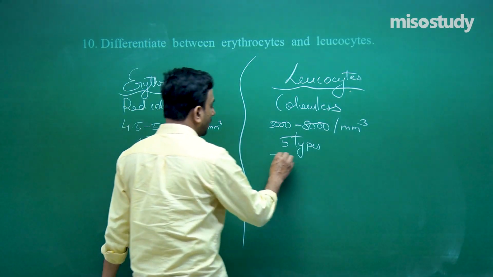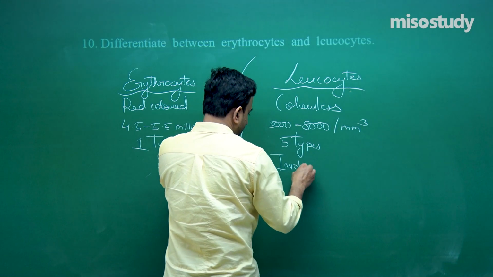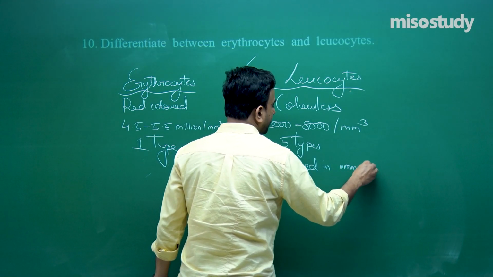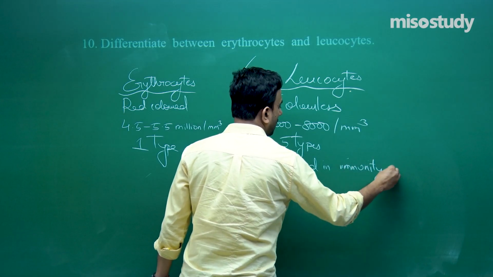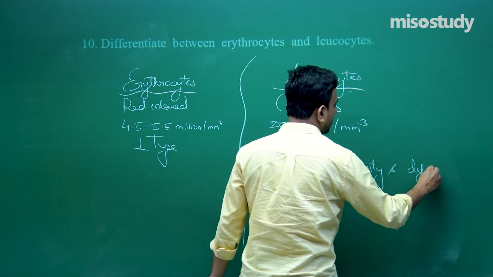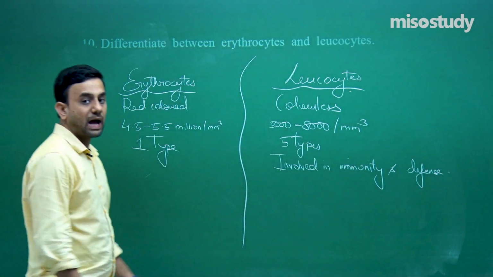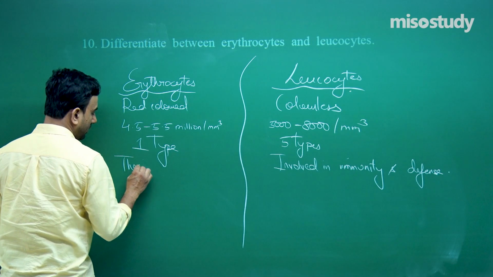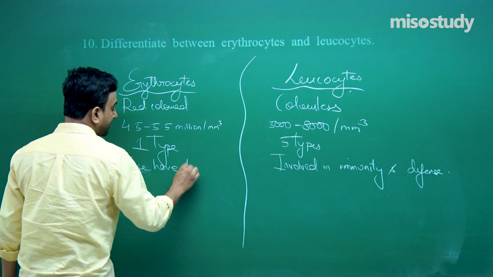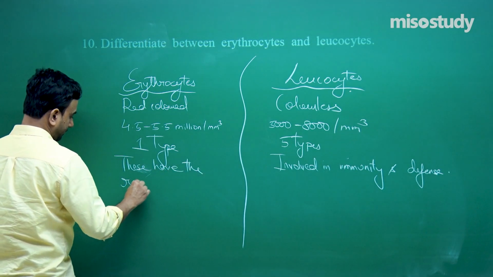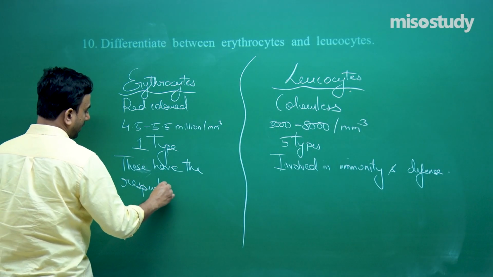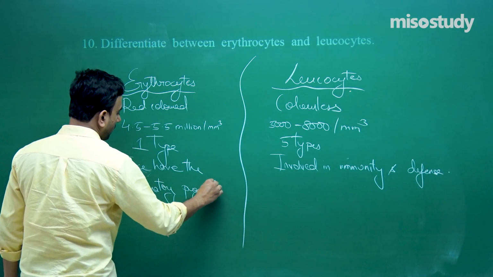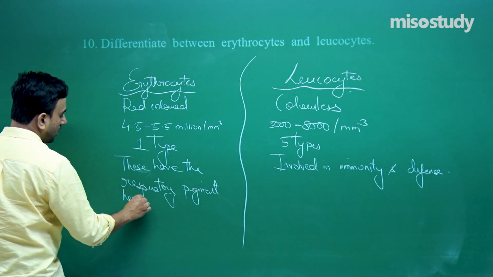They are involved in immunity and defense, while erythrocytes have the respiratory pigment hemoglobin, right.